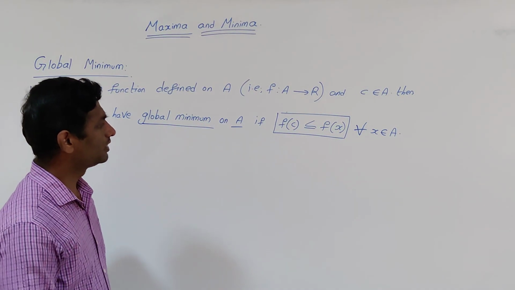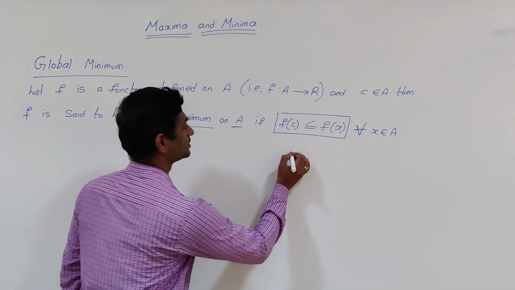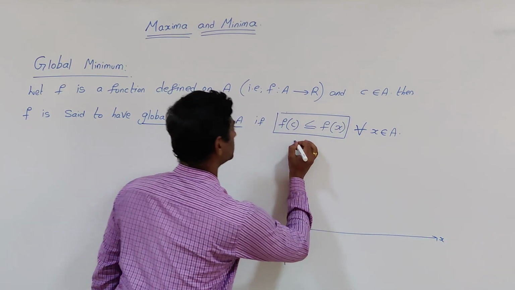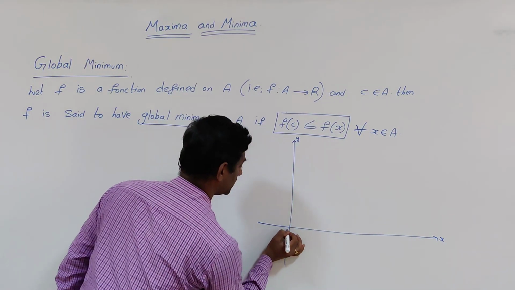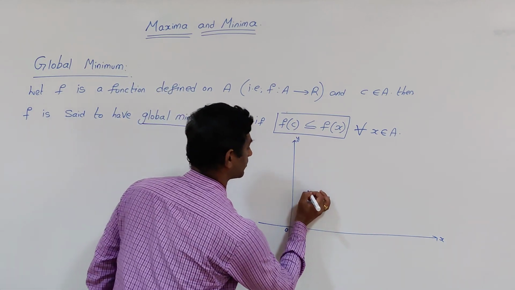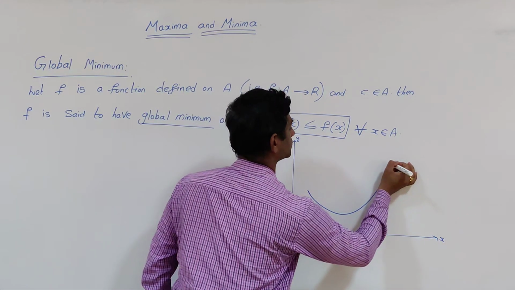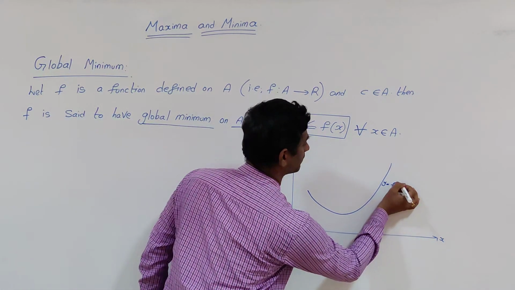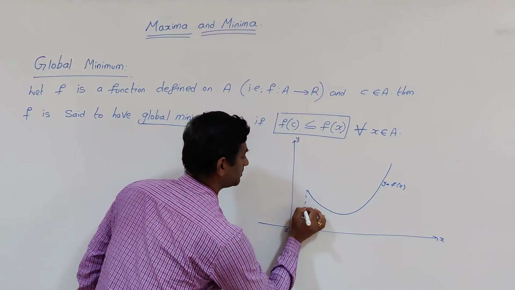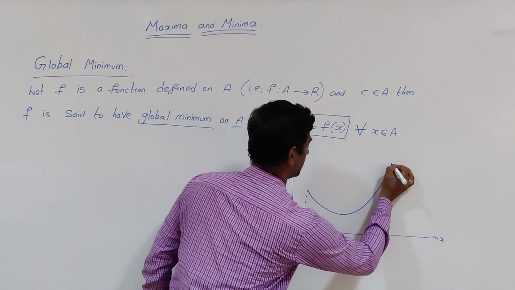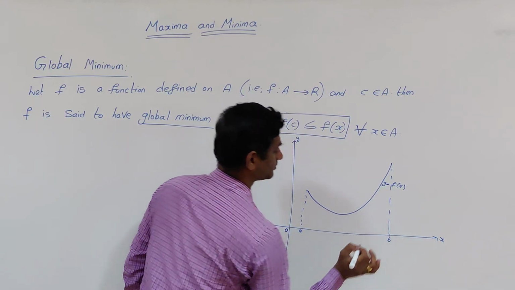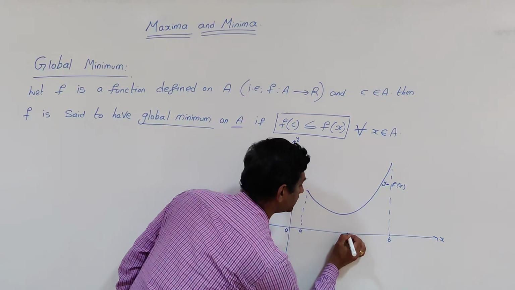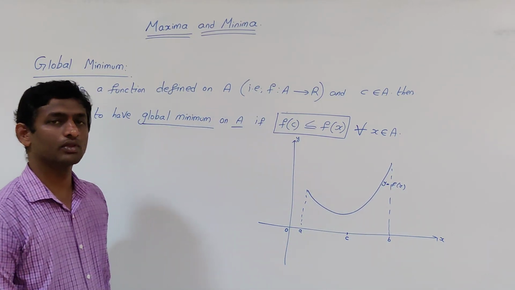Meaning, if I go for a picture, suppose there is a graph on the x-axis, y-axis and origin 0. So this is a curve where y is equal to f(x) defined on some interval a and b. Now if C is a member in between a and b, suppose this is C, then what is the output?